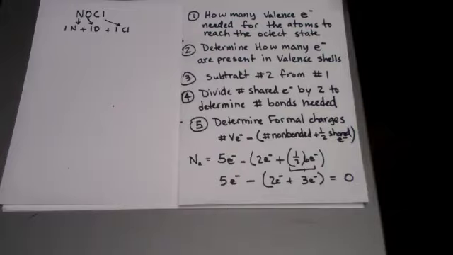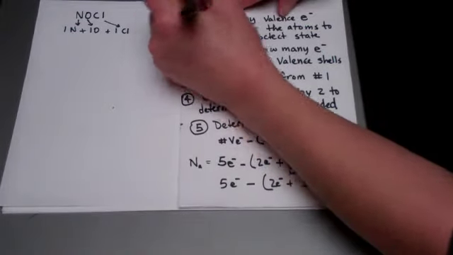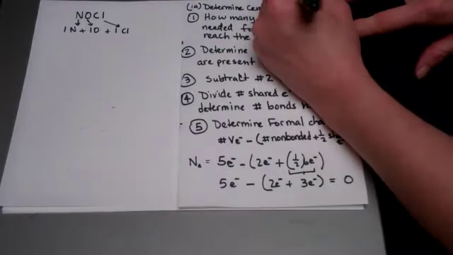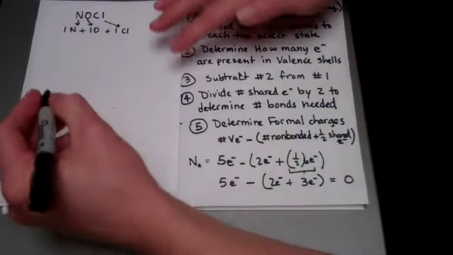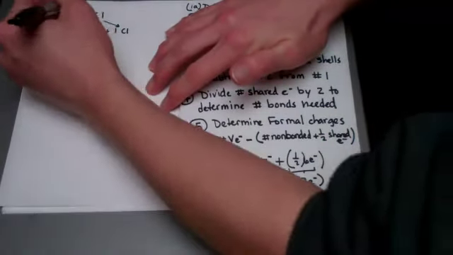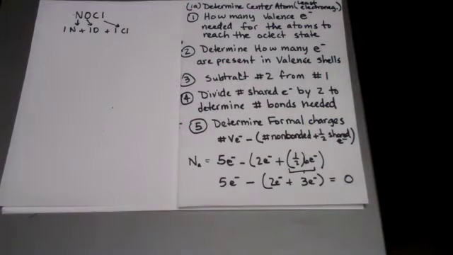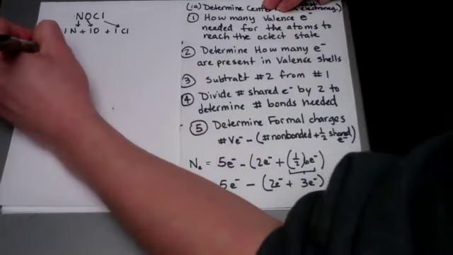So this guy is going to be our volunteer for our center atom. So maybe as a pre-step, or step 1A, we have to determine the center atom. So determine center atom is the least electronegative. Okay, so that's going to be nitrogen in this case. So we're going to say nitrogen is going to be our center atom, and we're going to propose that oxygen and chlorine are going to have to come off of that guy. So now we need to determine step 1 again for this guy.